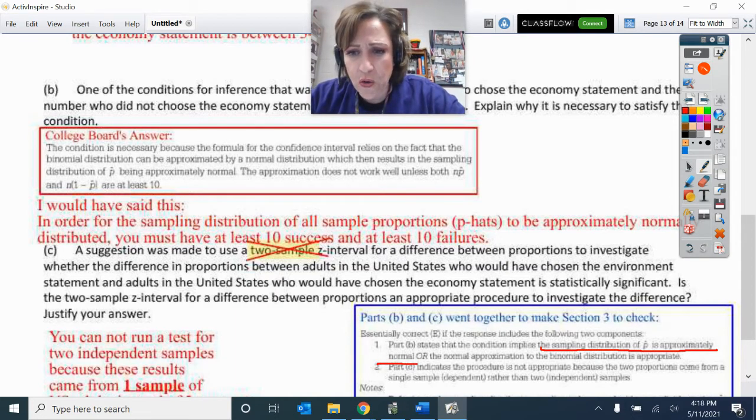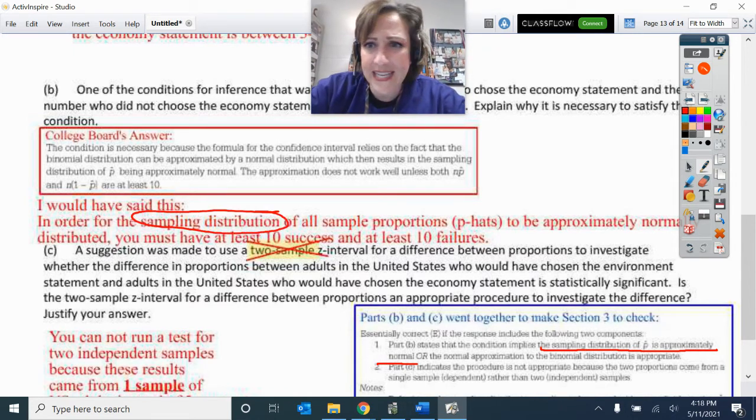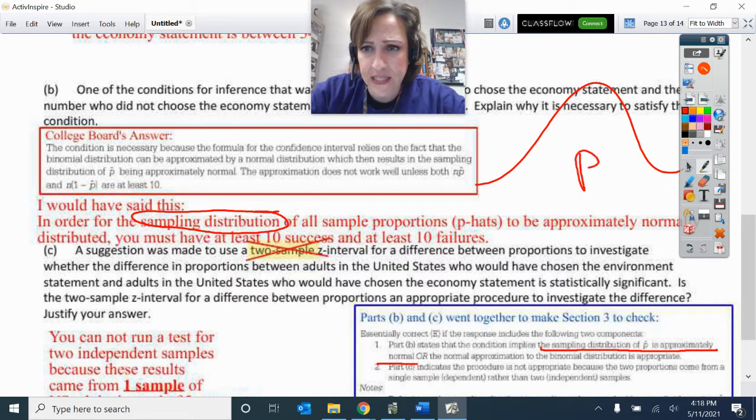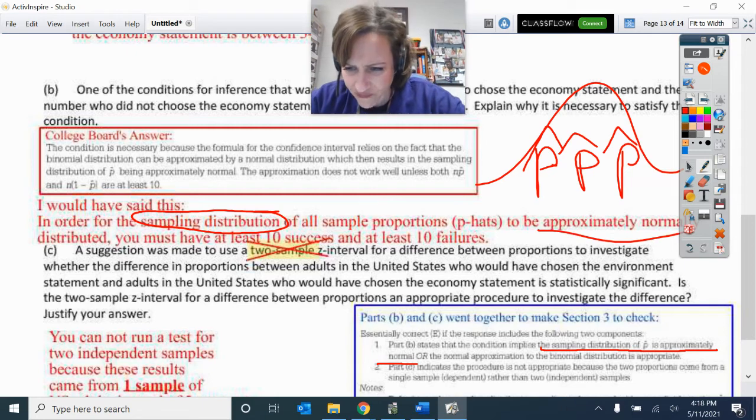Okay, so that's what I did. I would have said this. In order for the sampling distribution, because that's what we're making, the sampling distribution of all the p hats, to be approximately normal, then we would need to have at least 10 successes and at least 10 failures.